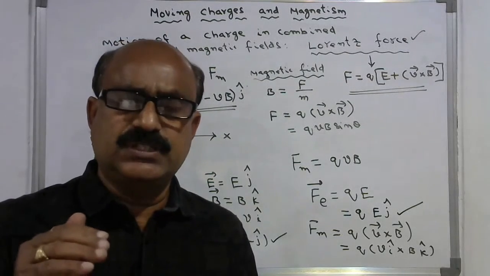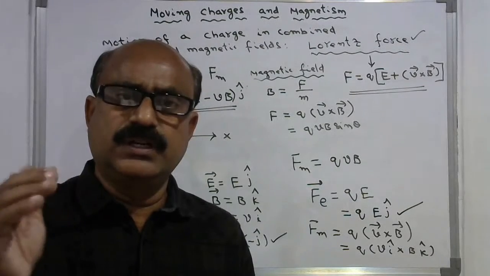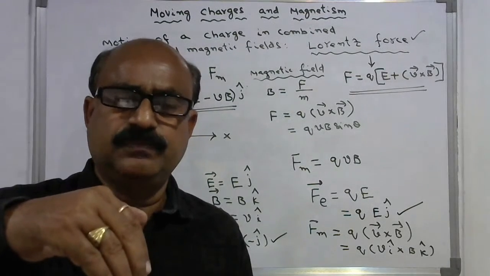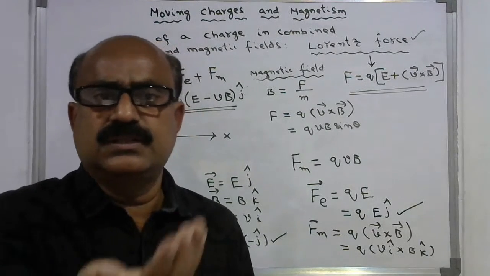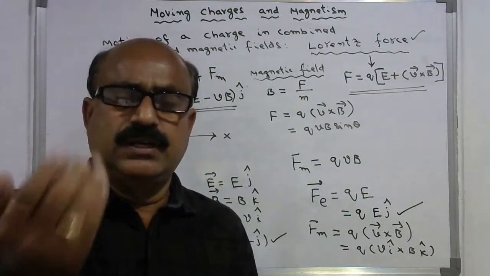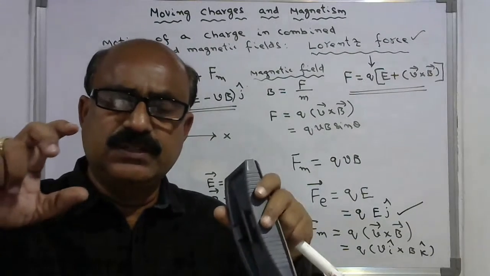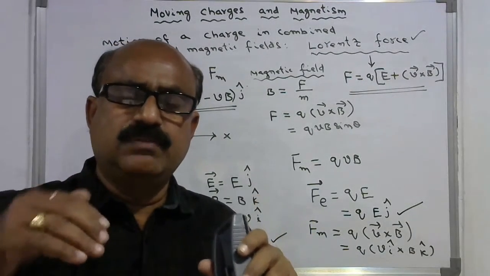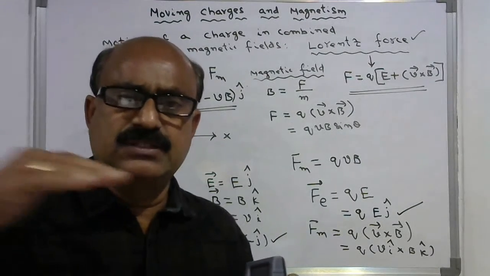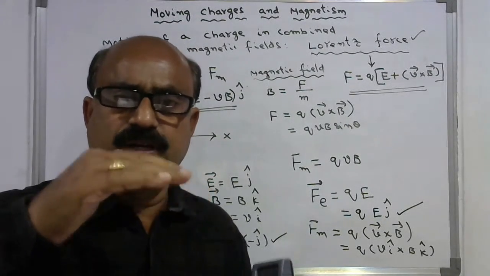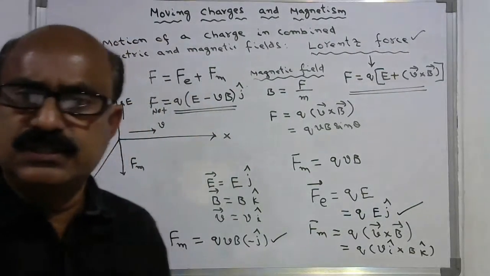If you apply electric field alone, it bends in the downward direction. If you apply magnetic field alone, it bends in the upward direction. If you apply both simultaneously, it neither bends upward nor downward, and it goes as it is. Under this circumstance, let us see what happens.